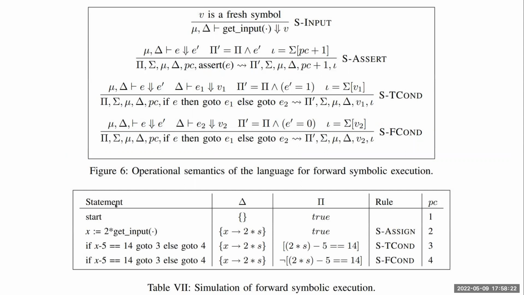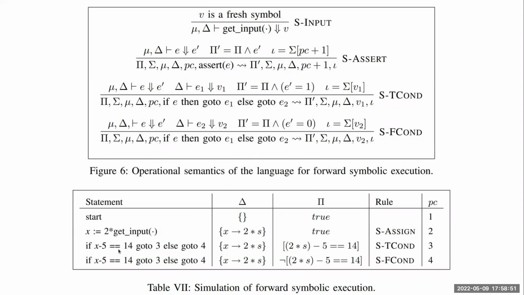So like I said, this is what happens at the start of the program. Let's say the symbolic condition is nothing there. Then we execute x equals 2 times get input. Then we know x value is 2 times s. s is a symbol, not a concrete value. We record this mathematical equation there. We keep execution.